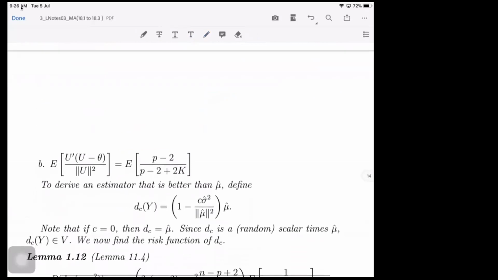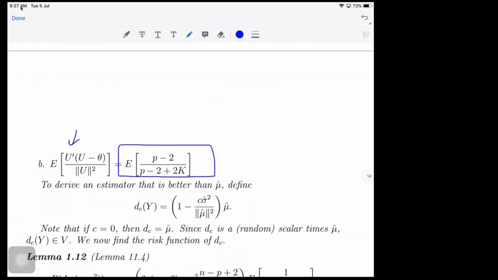And the expected value of U prime, U minus theta over the length of U squared, will be equal to the expected value of P minus 2 over P minus 2 plus 2K.